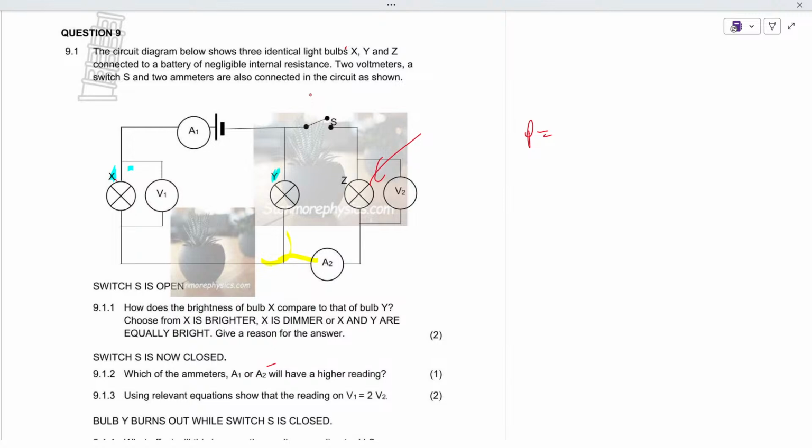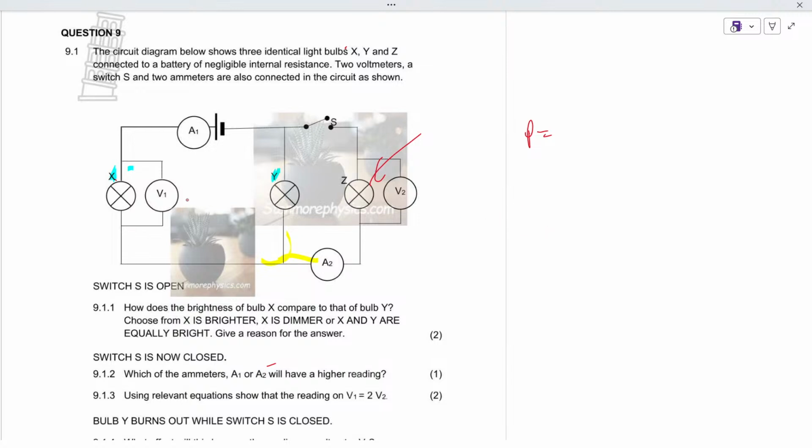I don't know. So the first thing you must know is that when you think about it, you first see that here there's going to be a total resistance, and here there's also a resistance based on parallel. So now you are going to compare.